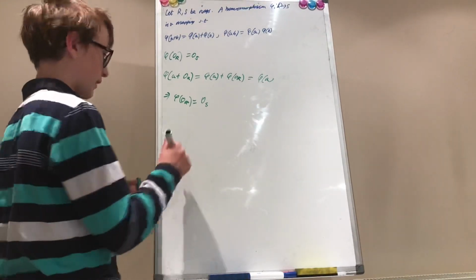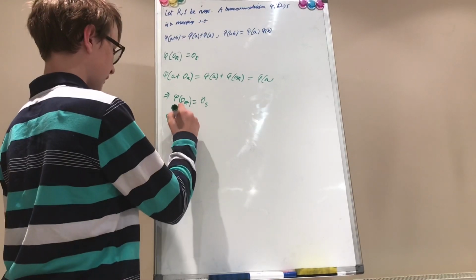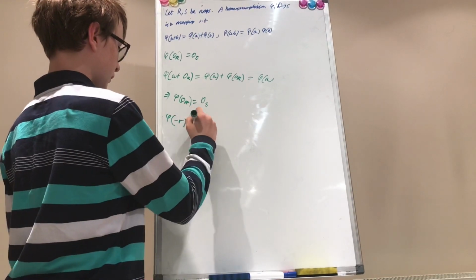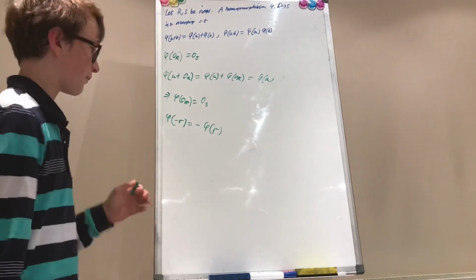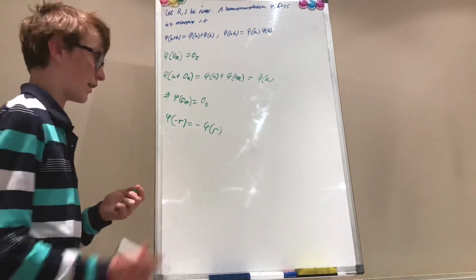Now we have that phi of negative R is equal to negative phi of R. Now, why is this?